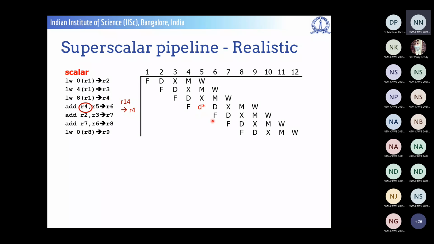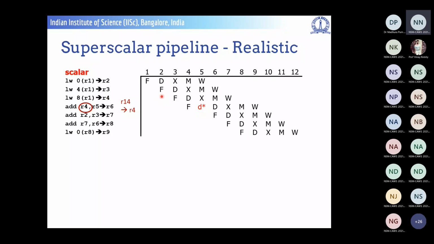I am assuming the pipeline has bypassing. So until this load reaches the memory stage, the next instruction cannot get into the decode and operand read phase. So it has to push a bubble here, right? Otherwise, you would get an older value in R4, and the execution would be wrong. So that's how it would work in a scalar pipeline.